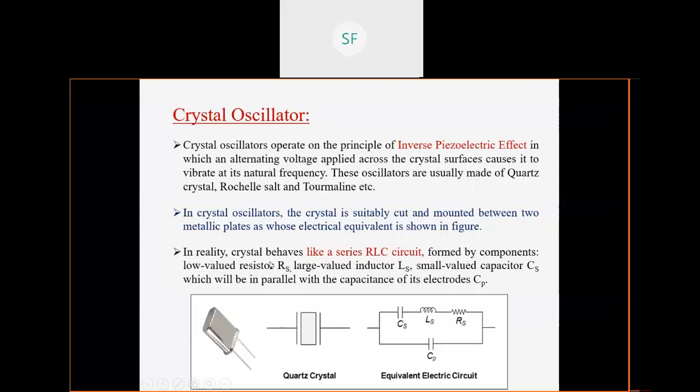In reality, the crystal behaves like a series RLC circuit formed by these components. Generally RS is a low valued resistor, LS is a large value inductor and CS is a small valued capacitor, which will be in parallel with the capacitance of its electrodes. These metallic plates are the electrodes. So CP is in parallel with the series components and it is due to these metallic plates.